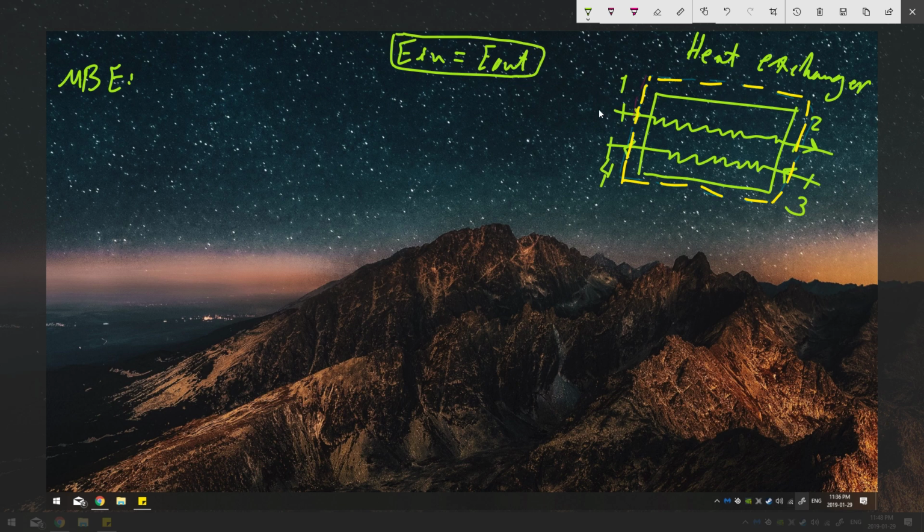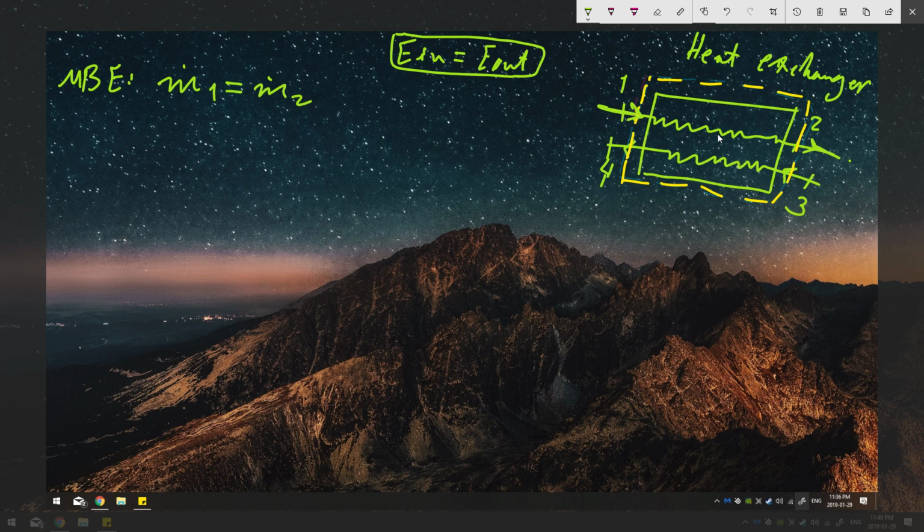Now, M1 is flowing in, and what does M1 equal? If M1 is flowing in here, it's going through this pipe and it's coming out. So M1 is equal to M2, because M1 goes in here and ends up here, too.